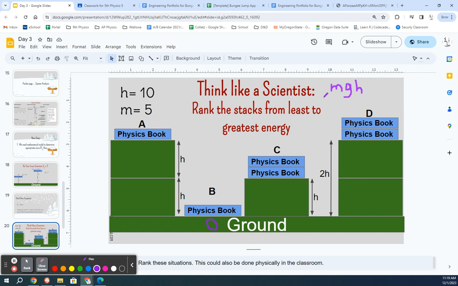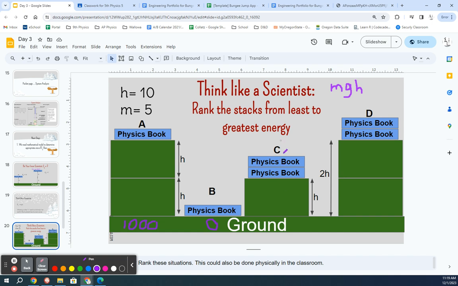So we said that m is 5, g is about 10, and h is about 10. But remember, for A, we have 2 of those, right? So we're looking at 5 times g, which is 10, times 20, because of course 10 plus 10 is 20 off the ground. So for this one, we're looking at about 1,000.